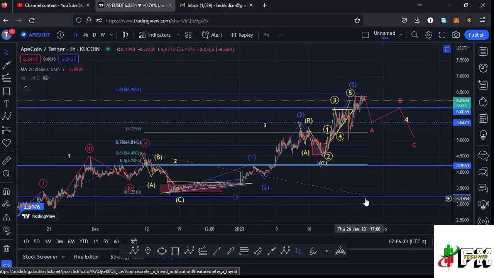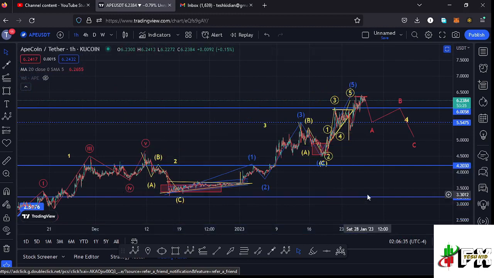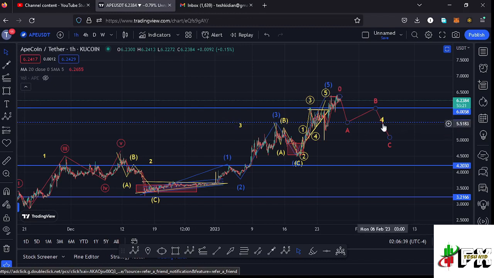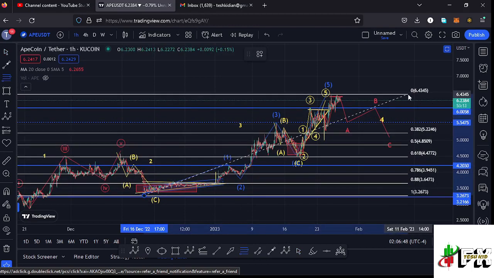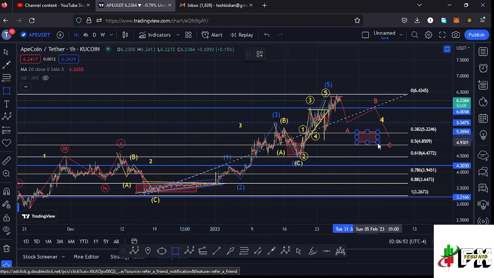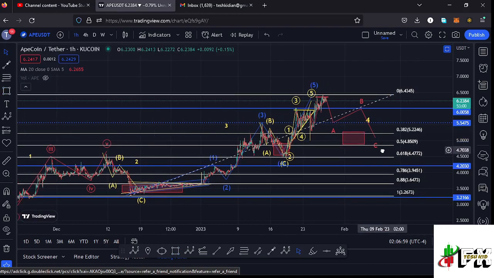And now, assuming that the high for that wave 3 is in, I can sketch out a minimum target area to the lower side in the formation of this wave 4 by connecting the Fibonacci's from the low of the second wave to the high of that wave 3, and that gives me a minimum target area between the fib level 0.382 and the fib level 0.5, and that lies between the $5.2246 mark and the $4.85 mark, and that is the minimum that I will expect Apecoin to do in that corrective structure.